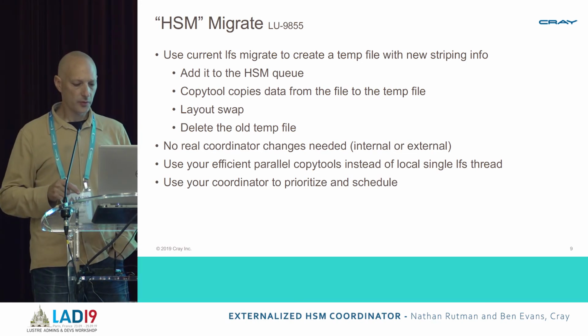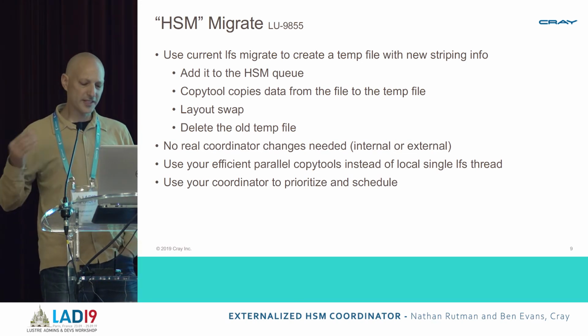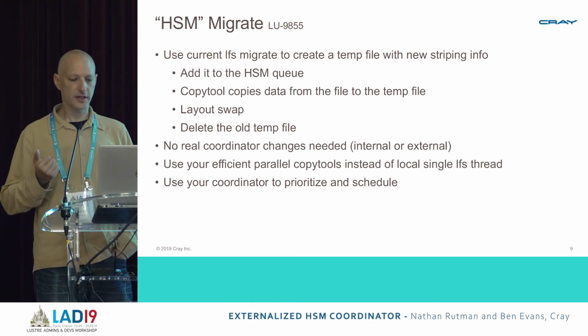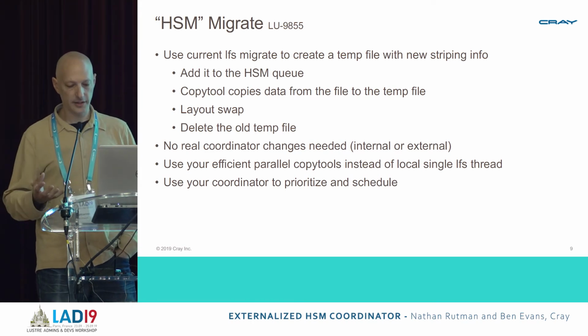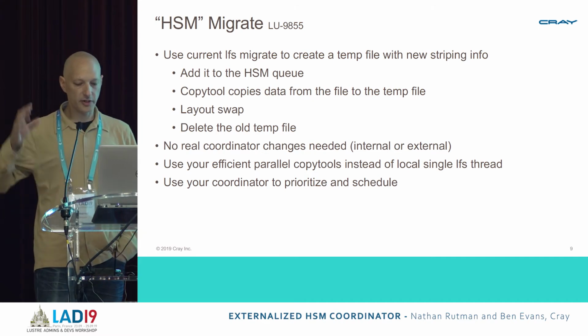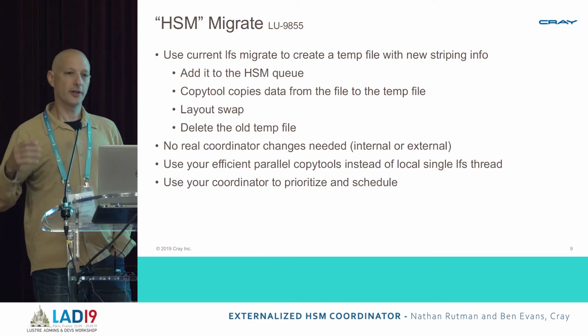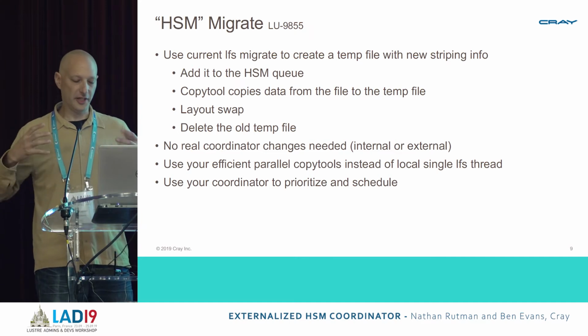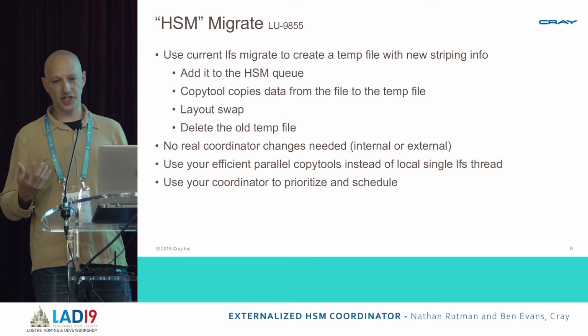Another issue with, well, this isn't really an issue with HSM, but it's related to the process of tiering. In our broader picture, HSM is related to tiering in general, right?